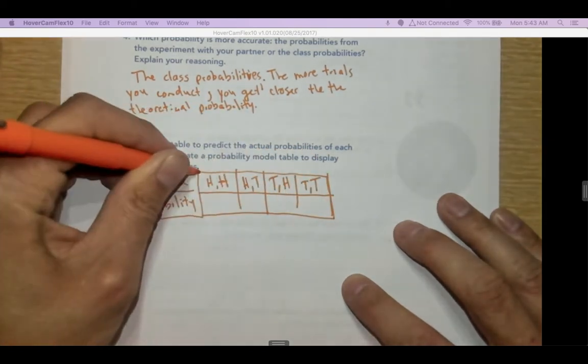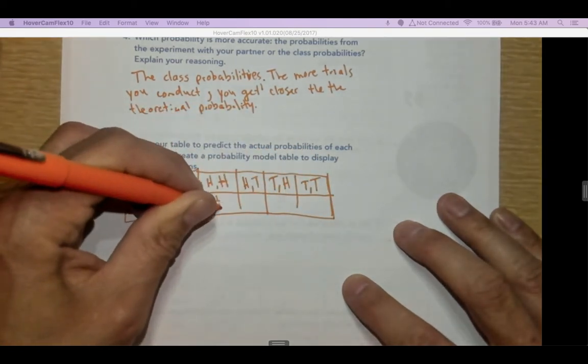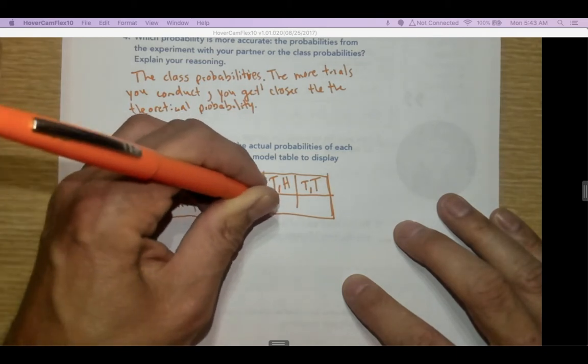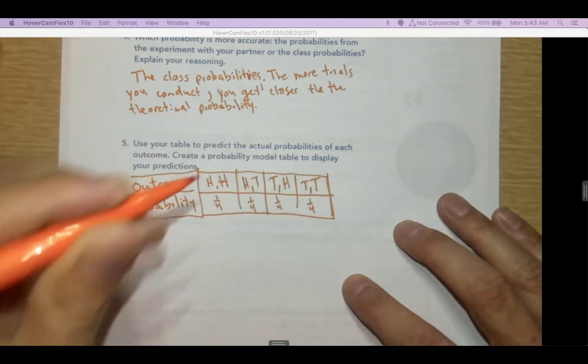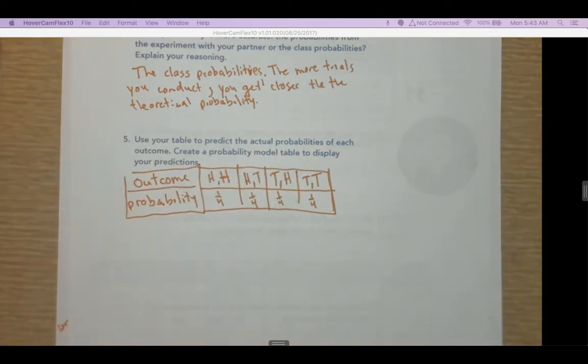And each of those should have a 1 in 4 probability, so it's a uniform probability model, okay? But it's not a simple event anymore. Now we're doing two things and it makes it more of a complex event, okay? So that was our introduction to this portion.